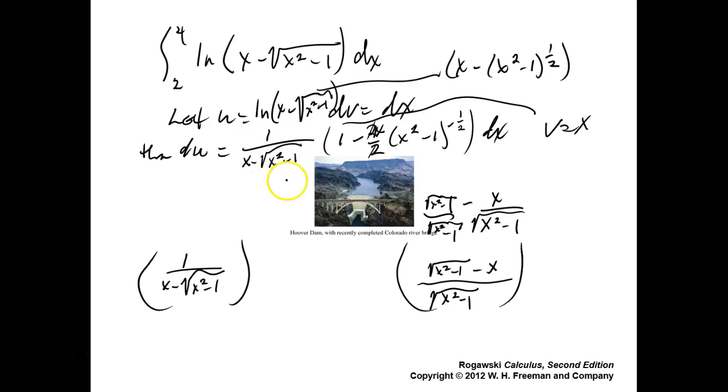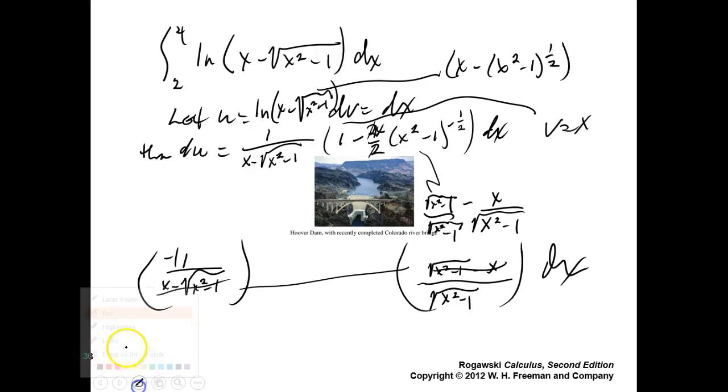Because you had that already, and you're multiplying it by this. I just took this down here, and this has a dx at the end. Okay. And if you'll notice, this and that are almost the same. It's just the minus sign. So you can wipe those out and make that a minus 1.